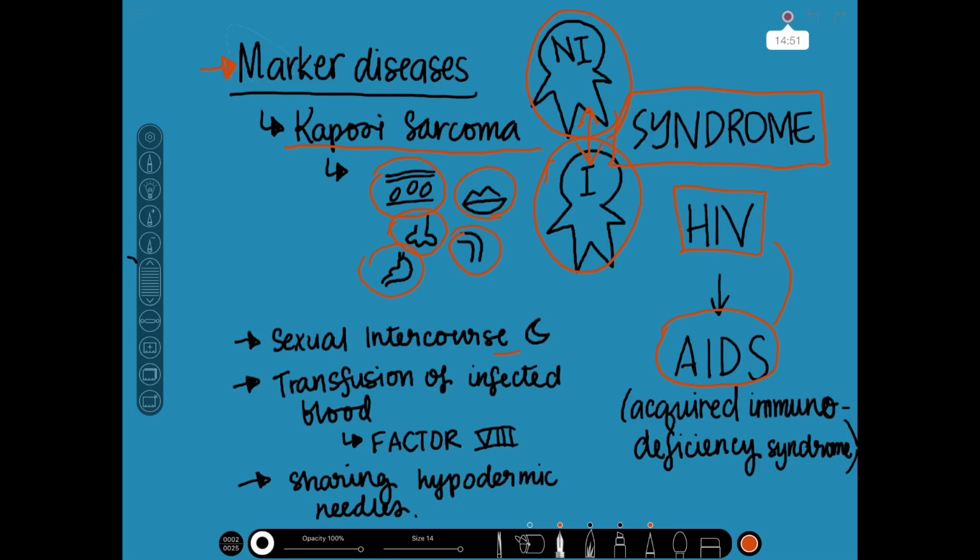One is sexual intercourse. Another way is transfusion of infected blood or blood products such as factor VIII. Another way that you can get AIDS is by sharing hypodermic needles by intravenous drug users.